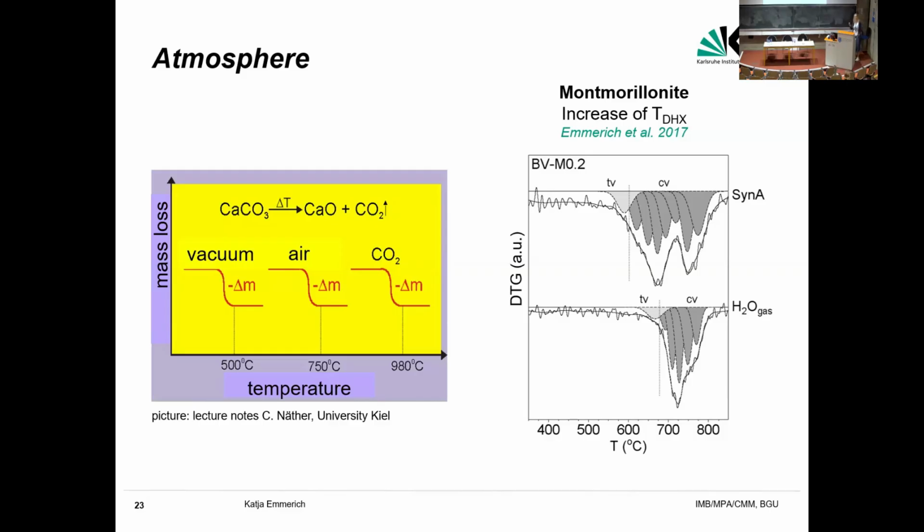There's no water in this synthetic gas. You see here this montmorillonite is characterized by two dehydroxylation peaks. I will give you the explanation for this double peak later. But you see, if we add water vapor into the atmosphere, then the dehydroxylation shifts to higher temperatures.